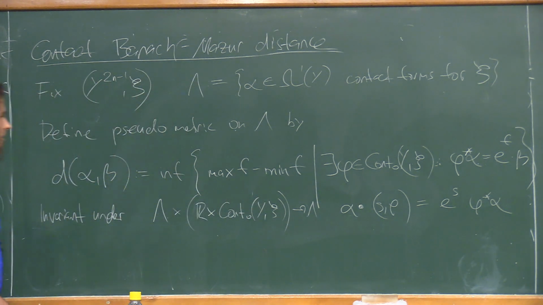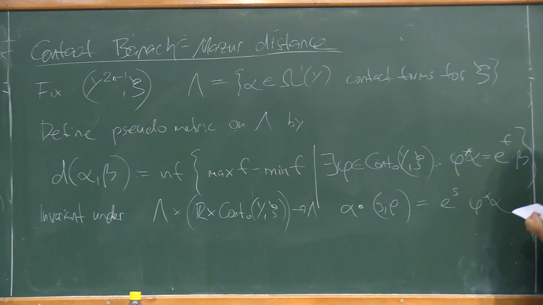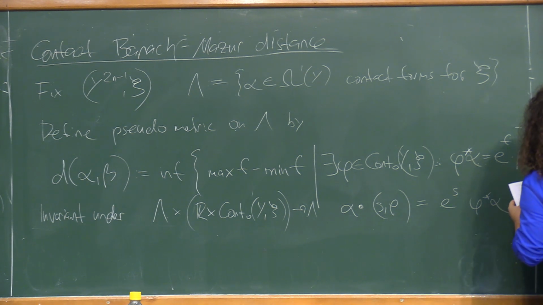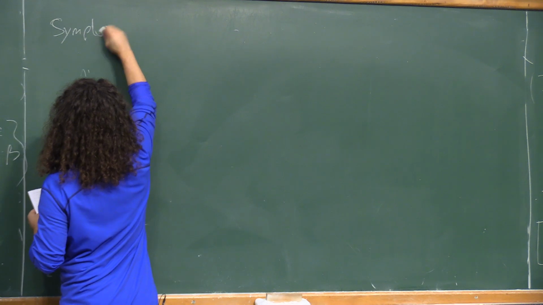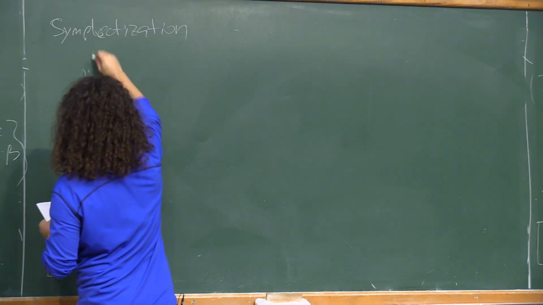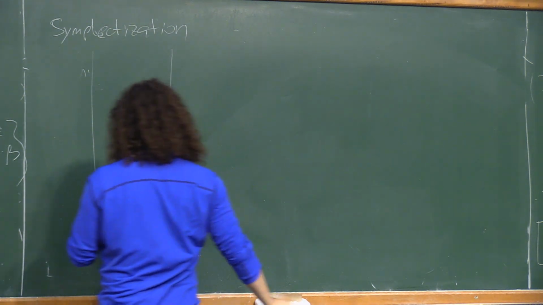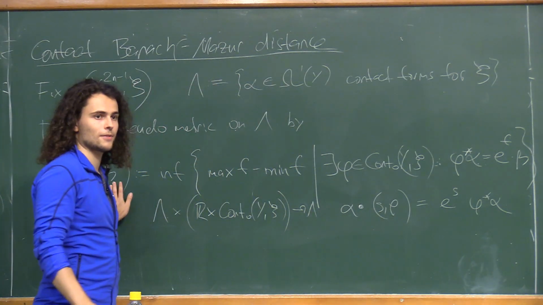So if one wants to draw a picture, one could do it as follows. The picture would be that we consider the symplectization, that's R cross the contact manifold. Any contact form is going to be a hypersurface in the symplectization.